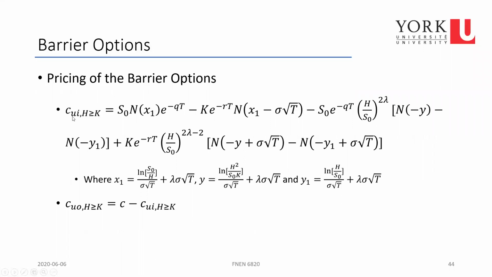So if you have an up and in call with the exercise condition where the barrier is greater than the strike price K here, we'll have this particular formula here. Then obviously you can calculate the up and out call if you know this up and in.